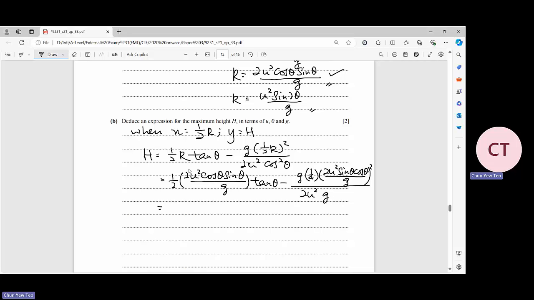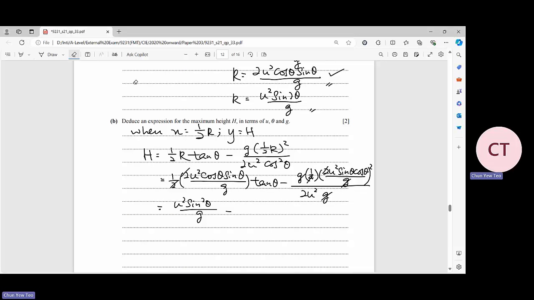So you can see that this can cancel, and we have the u square sine square theta over g for this part. Then over here, you can also cancel. The 2 and the 4 can cancel, and the g square all can cancel. The g square remains.